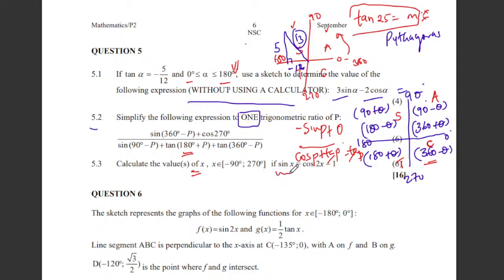You have sine x is equal to cos 2x minus 1. This is more like a general solution, but we shall need definite values of x. When you're solving general solutions, the idea is, one, to create the same kind of ratio, for example focus on sine across, and then work that out.